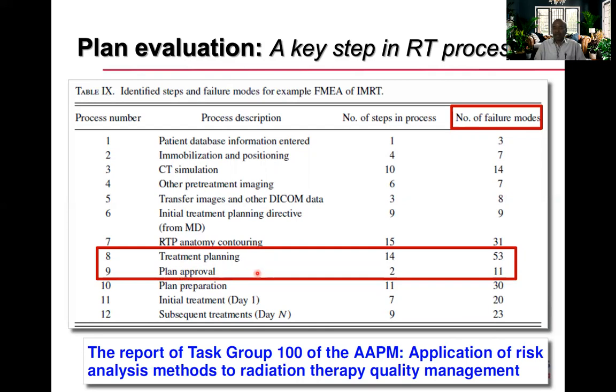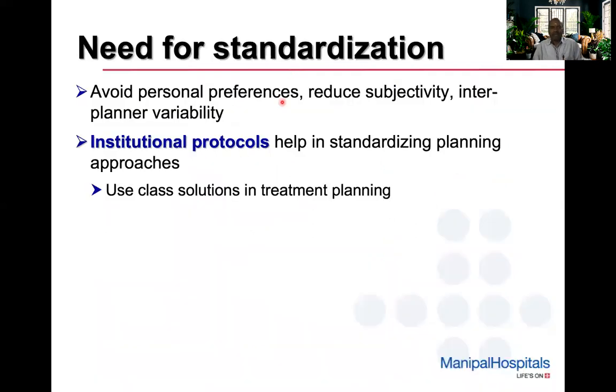So if we have to prevent these failure modes from propagating and reaching the patient, then plan evaluation gives us one last chance to identify and stop them from propagating further. That is why plan evaluation remains a key step in the RT treatment delivery chain.